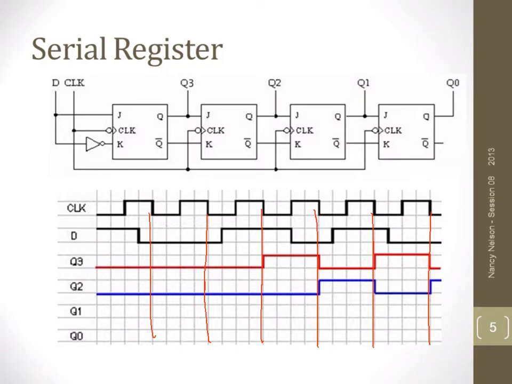So what we need to do now is take a look at what Q1 is going to do. So Q1 is coming from here. So its input is going to be based on Q2. So we're going to sample Q2 at each of these points and base our output of Q1 on that.